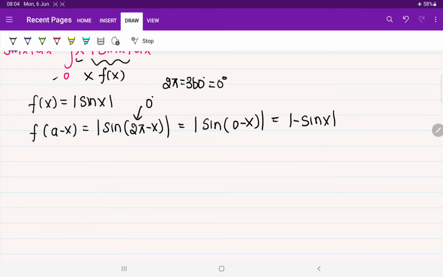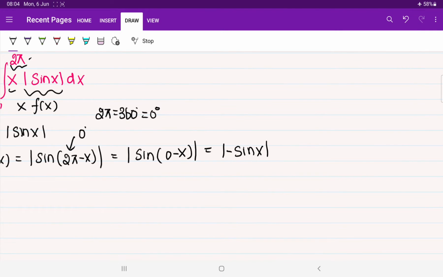Okay sir, but we are keeping this minus sin x under mod. What is the actual meaning of mod? Whenever we put mod, it means there is no need to consider the sign, only consider the magnitude. So I can simply say this value is equal to mod of sin x, because mod of minus 2 equals mod of plus 2, both are equal. Mod means consider only magnitude.